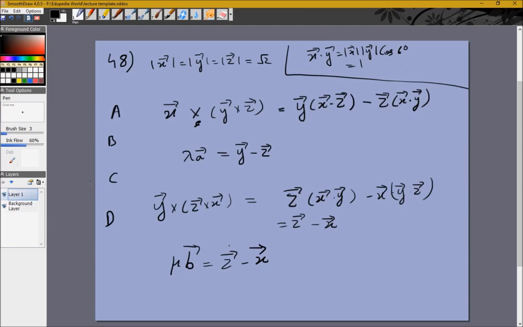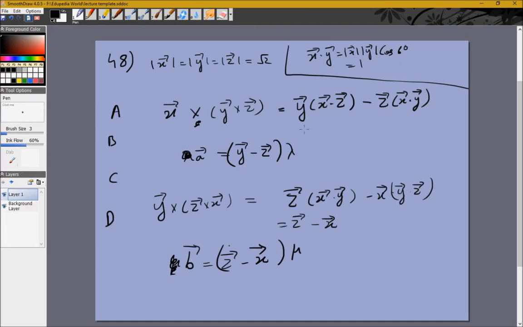Actually, I've done this question before, and it works easier if we take lambda to be this and mu to be this, right? I hope that won't confuse you. It doesn't matter. When these two vectors are parallel, they are related by a factor of any number, and that number doesn't matter. If we do it on this side, the calculations will be easier. That's all it is.